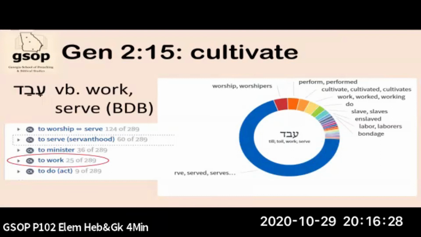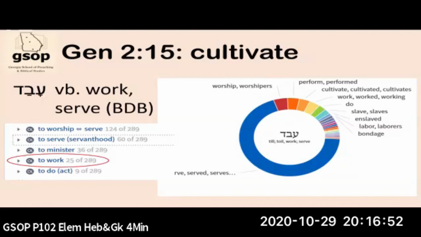So you see underneath that, these various senses or contexts, it can be to worship or to serve. In other words, 124 of the 289 times are usages of avad that refer to the sense of worshiping and service. Or 60 of those 289 times refer to the sense of serving as servanthood.